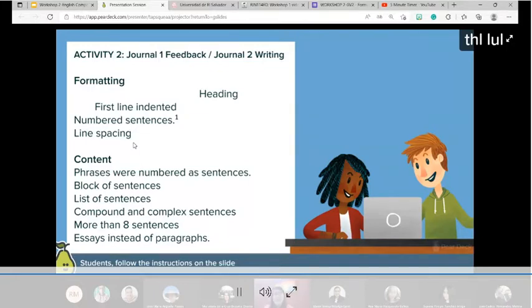And I have found some papers that have more than 8 sentences. Right now, we are expecting from 6 to 8 sentences so that we make sure that you comply with a well-done paragraph. And I have also found essays instead of a paragraph. Literally, I have found paragraph 1, paragraph 2, paragraph 3.